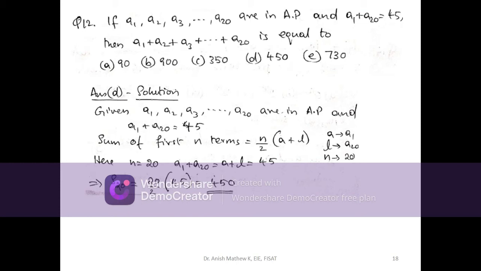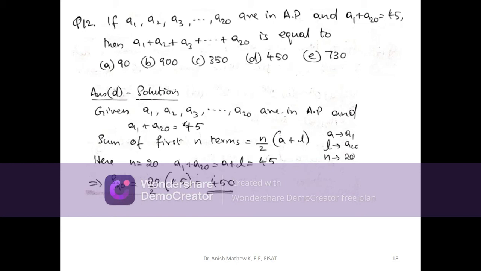You have 5 options. Option A 90, option B 900, option C 350, option D 450, option E 730. So the answer is option D, that is 450.